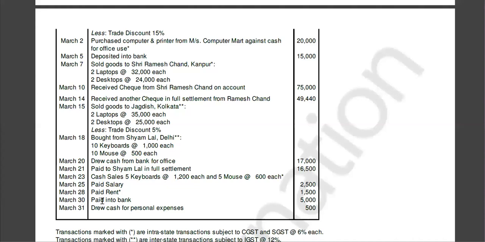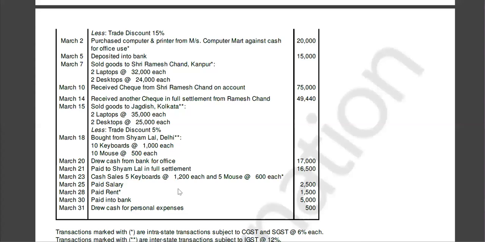March 30, paid into bank 5,000. So paid into bank or deposited into bank is also a contra entry. Cash book. March 31, drew cash for personal expenses. So this is called drawings. This is also cash book.